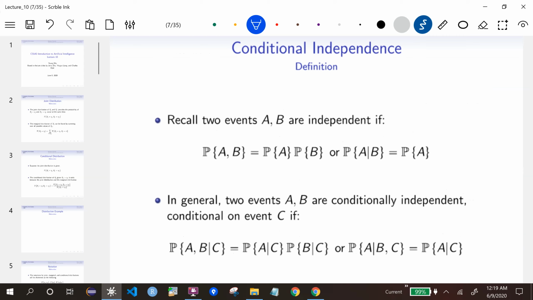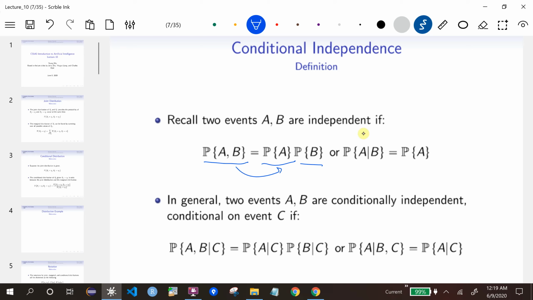Intuitively, independence should be kind of intuitive. The probability of both of them happening at the same time is the same as the probability of the first one times the probability of the second one. That should be the intuitive definition of A and B being independent.